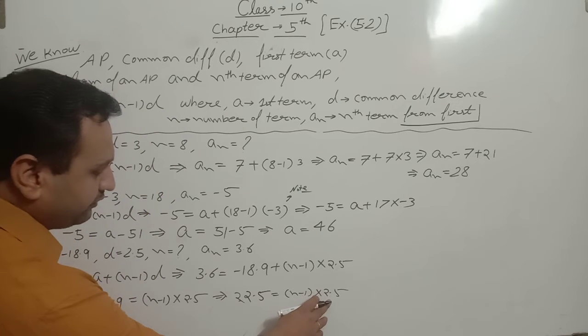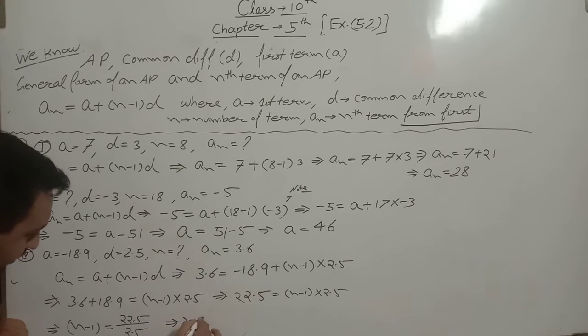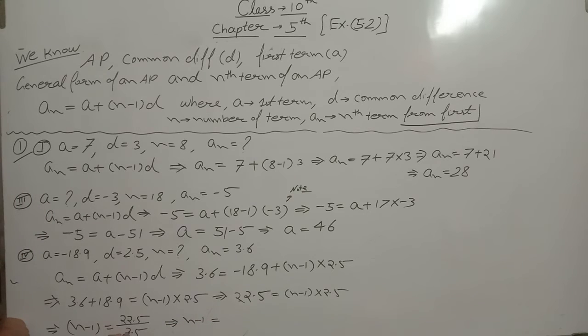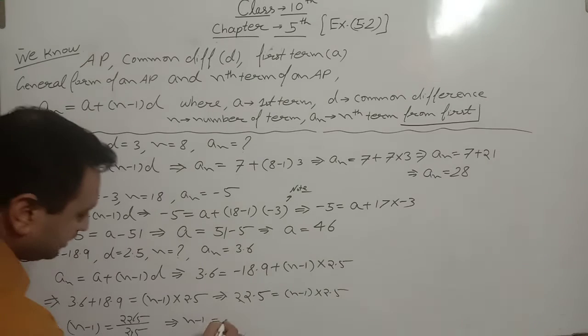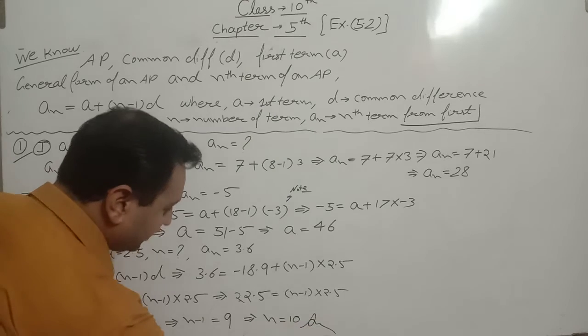Now 2.5 goes to the denominator. So n minus 1 is equal to 22.5 upon 2.5. Removing the decimals, 225 divided by 25 is 9. So n is equal to 10. Answer.